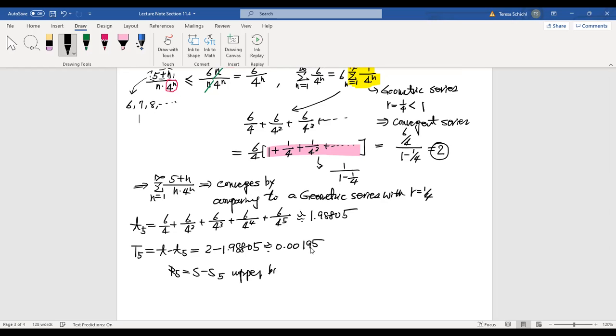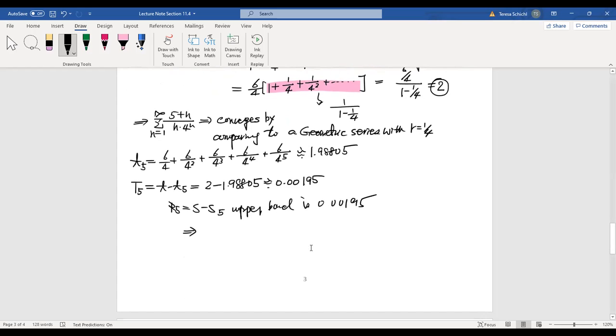The upper bound for this is 0.00195, right? So if you use the partial sum S5, we know S5 is within 0.00195 of the unknown value.